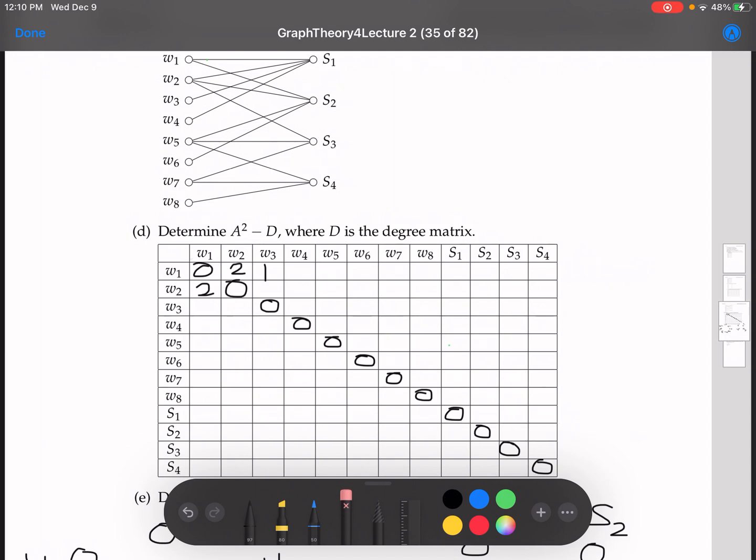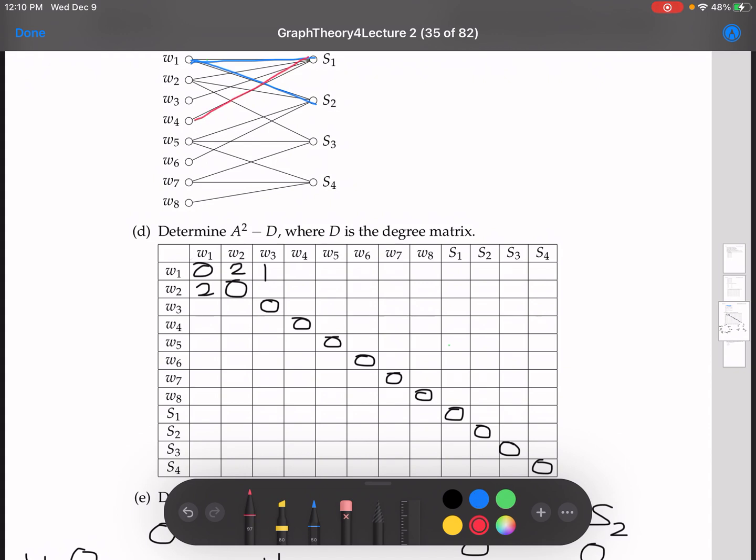Okay, so let me just finish out this row. And finishing out this row, you'll see a nice way to go about doing this problem yourself when you do the problem yourself. All right, so W1 again. There. W4 there.